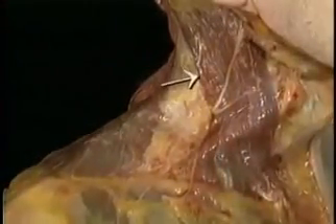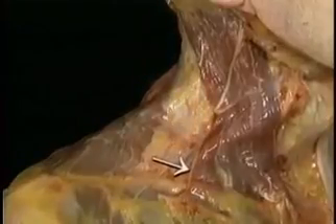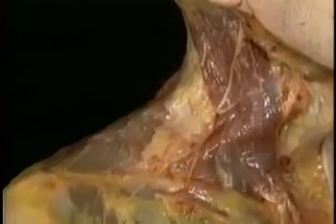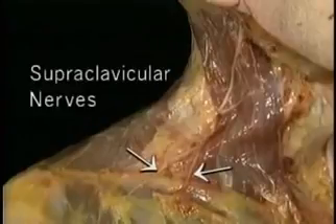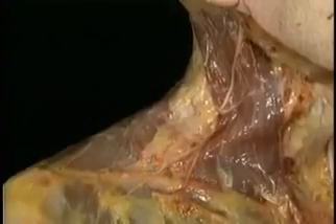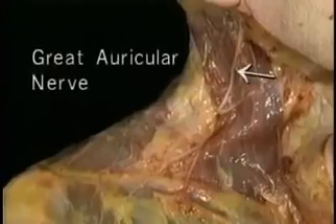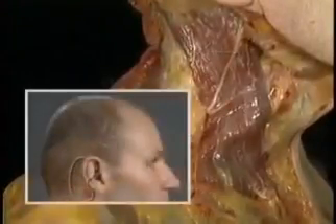Many of the branches of the cervical plexus emerge here, around the posterior border of the sternocleidomastoid muscle. These are the supraclavicular nerves, which pass downward and laterally to supply the upper chest and shoulder region. This is the great auricular nerve, which supplies this area on the side of the face. This is the posterior auricular, which supplies this area.